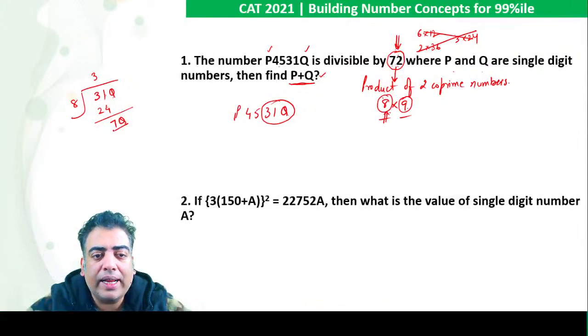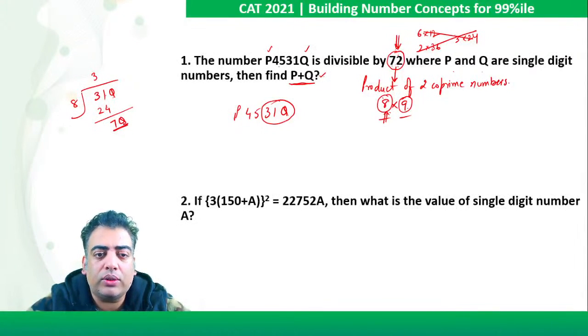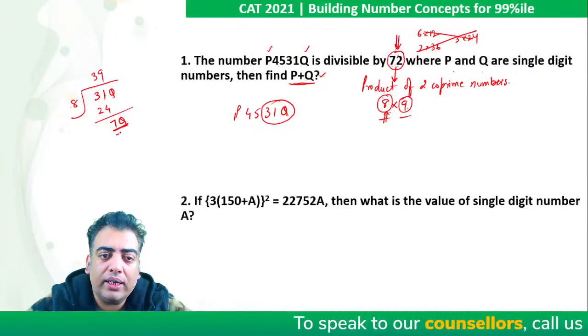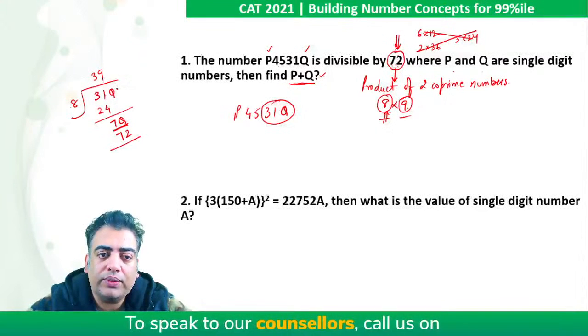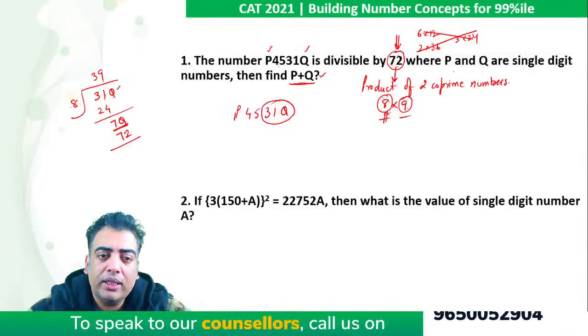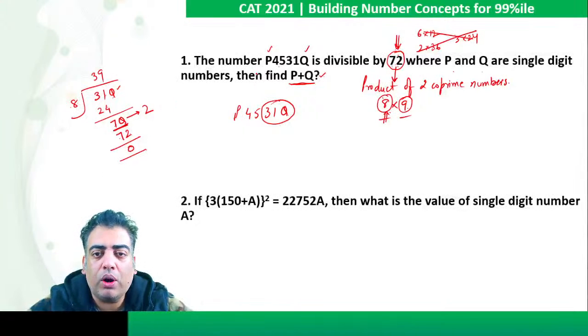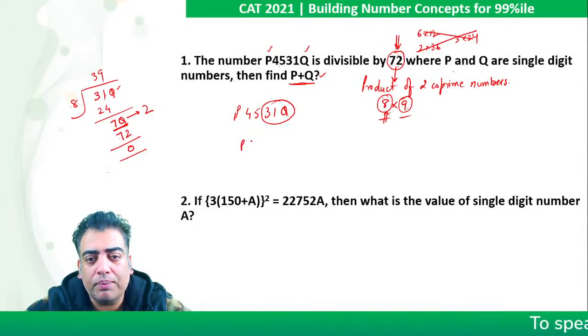Now in the lines of 70, we just need to think of a multiple of 8. We all know 8 into 9 is 72. If this number is divisible by 8, the value of Q must be equivalent to 2. Only then 72 minus 72 will be 0. The moment we got the value of Q, the number becomes P45312.